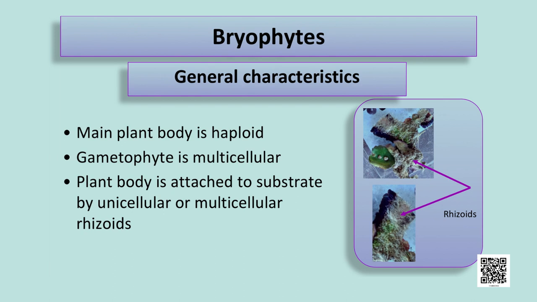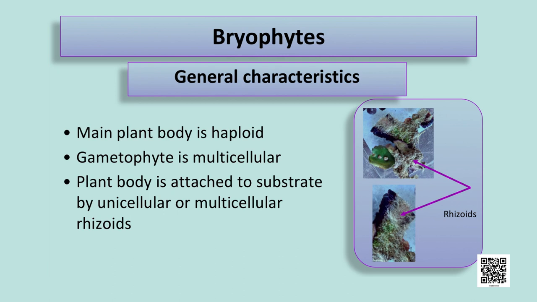Remember, there are no true roots, stem or leaves in bryophytes. As vascular tissue is absent, this makes them different from other land plants. Some bryophytes have conducting tissue, but not as developed as xylem and phloem. So, we can say that bryophytes possess root-like, stem-like and leaf-like structures.